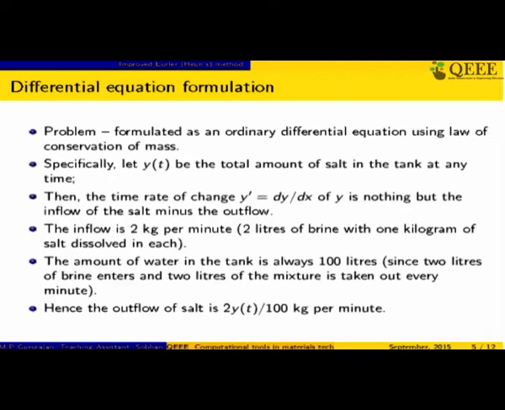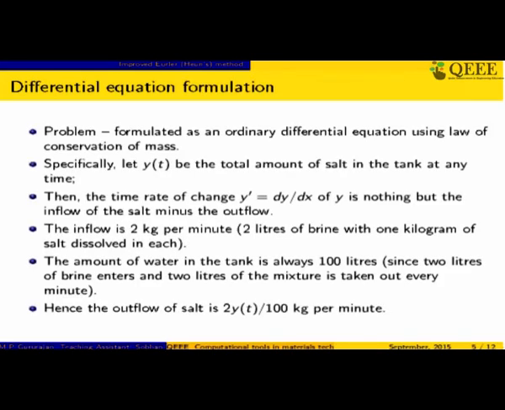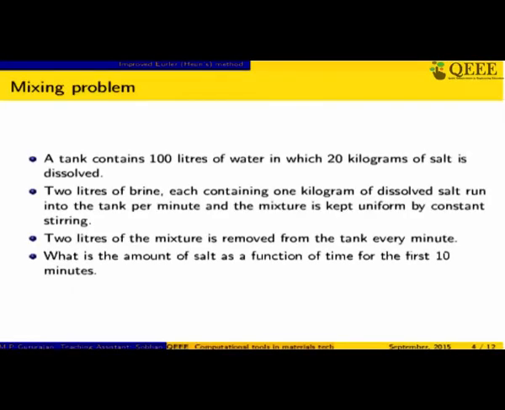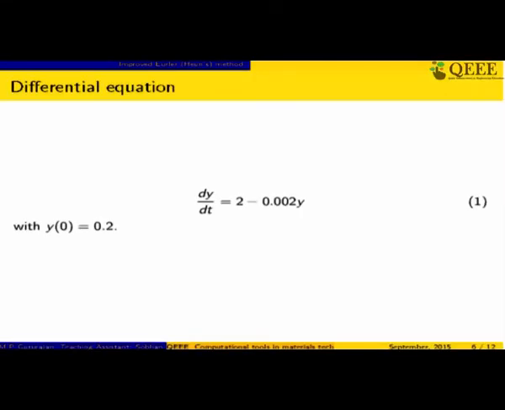Now what does mass conservation tell you? dy by dt is equal to 2, the amount of salt coming in, minus 0.02y. And y0 is 0.2, the initial concentration of salt in the tank, 20 kilograms per 100 liters.